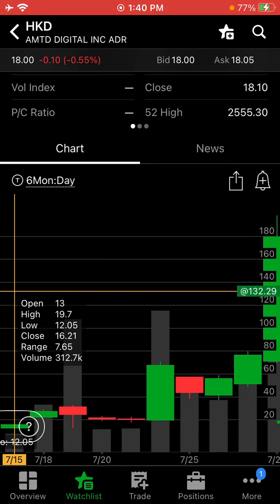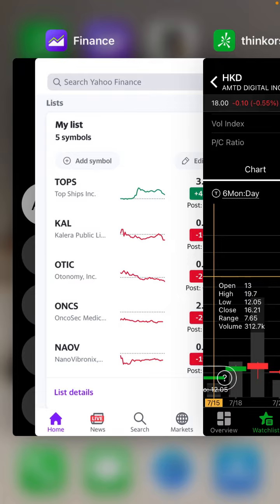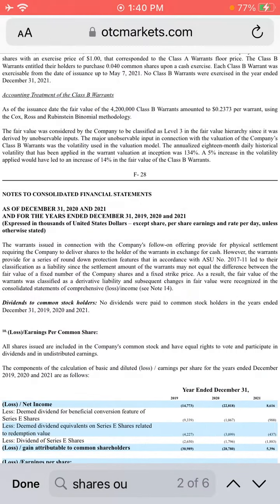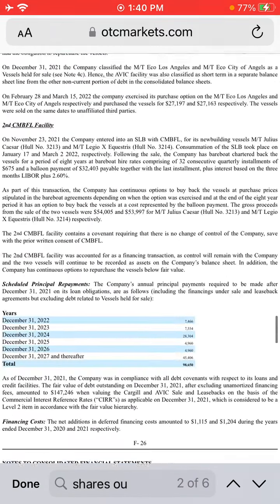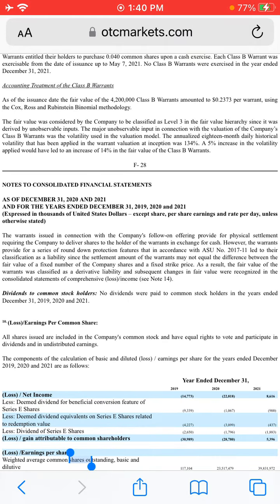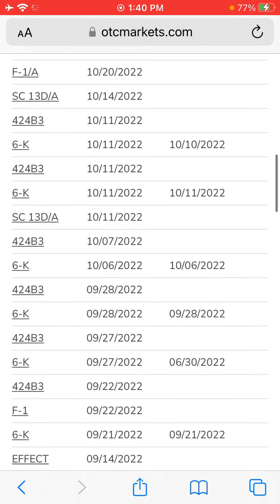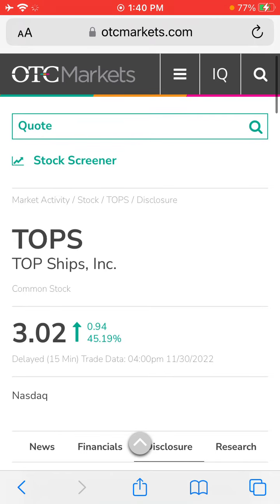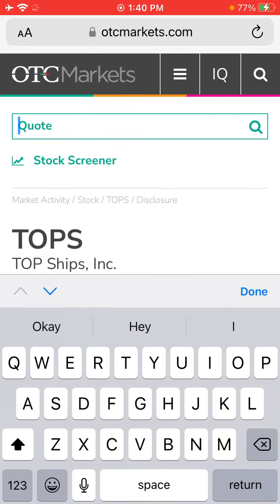So what you'll have to do then, and sometimes too, they won't have a quarterly report because their financial statement wouldn't have come out yet, is go and look at the form that mentions their initial public offering.